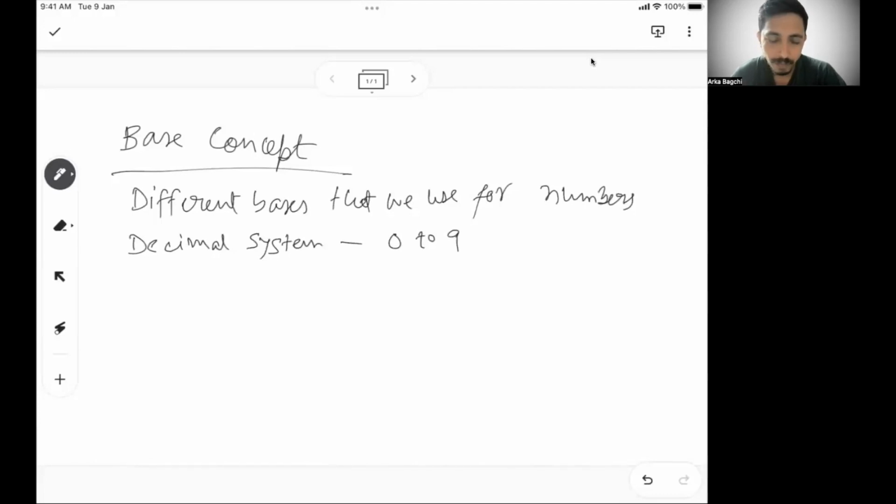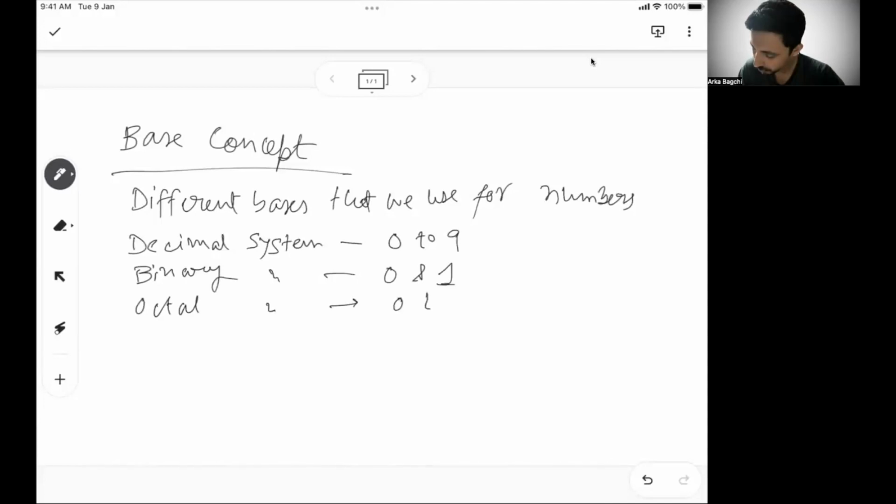It depends on the number of digits or the number of elements that the system has. It has a name. Now we all know computer does not understand 0 to 9. Computer understands only 0 and 1. That is called a binary system, because there are only two elements, 0 and 1. Now if I talk to you about an octal system, octal system means there will be 8 elements.